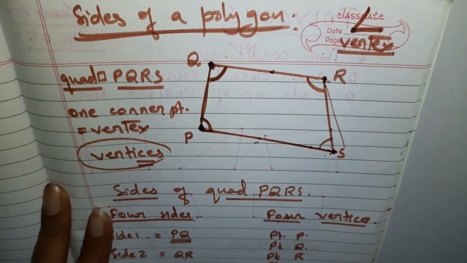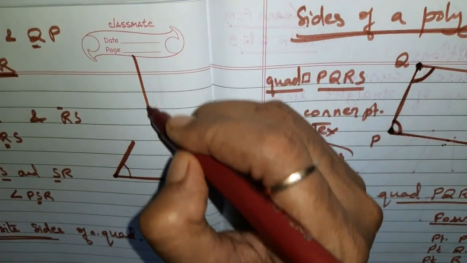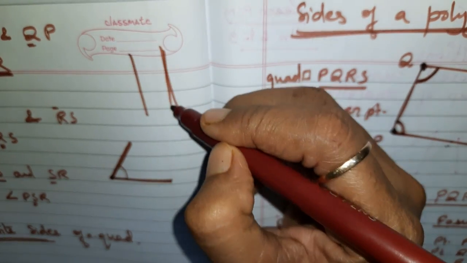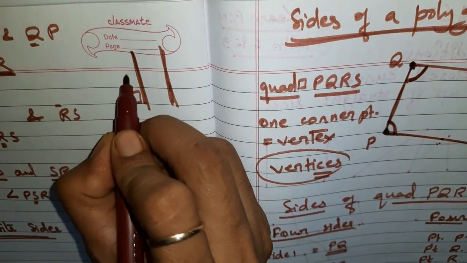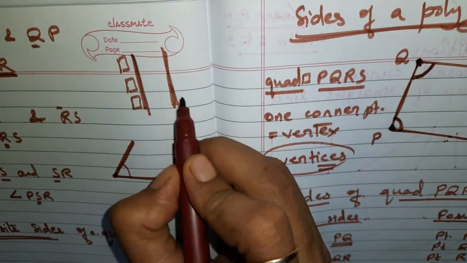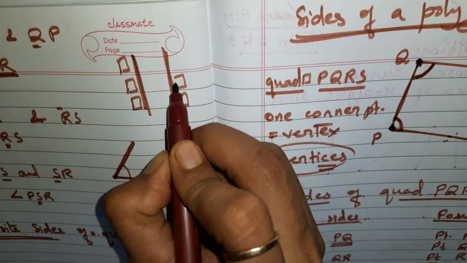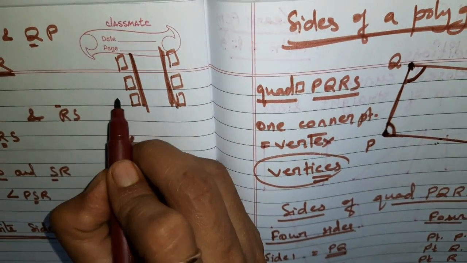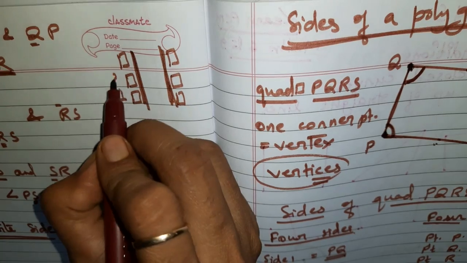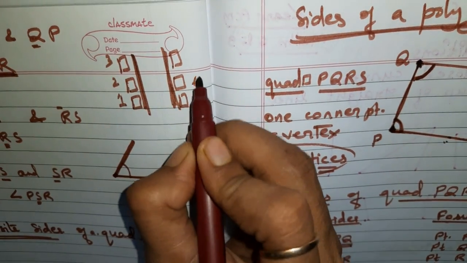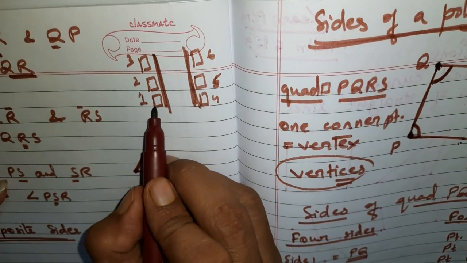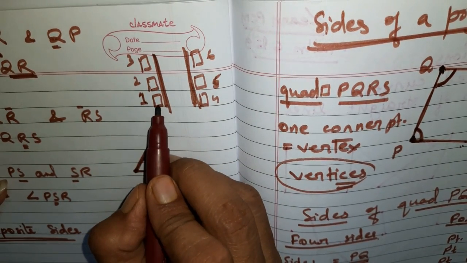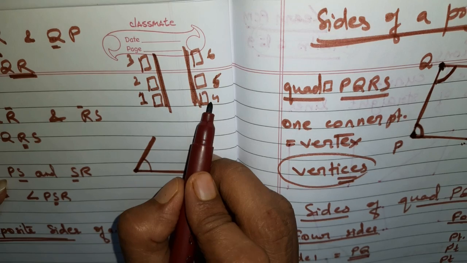You must have seen when row houses are made, or when colonies are there, there are houses on this side, say this is the left side, and this is the right side. Say this is 1, this is 2, this is 3, this is 4, 5 and 6. When we talk about these two houses, we say that house number 1 is opposite to house number 4.